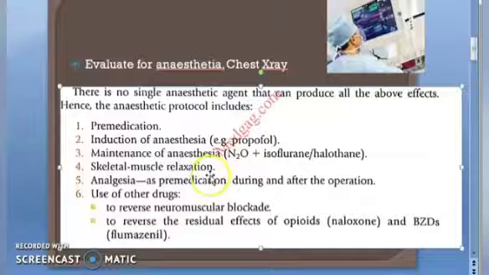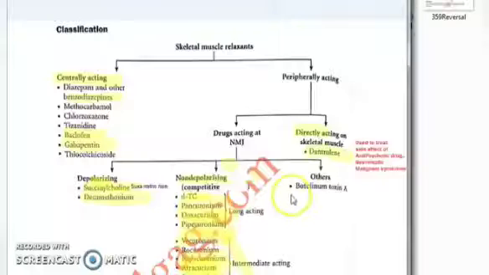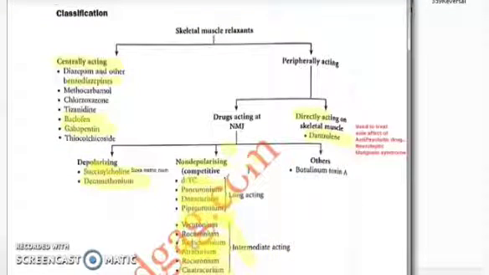Skeletal muscle relaxants, you know so many of the muscle relaxants, we have seen that they give rocuronium, okay? Intermediate acting, neuromuscular junction, skeletal muscle relaxant, okay?